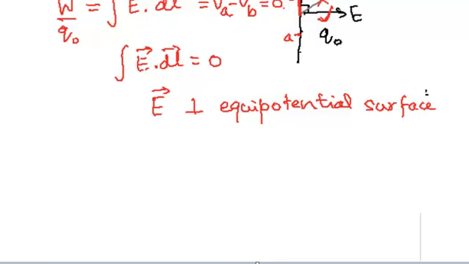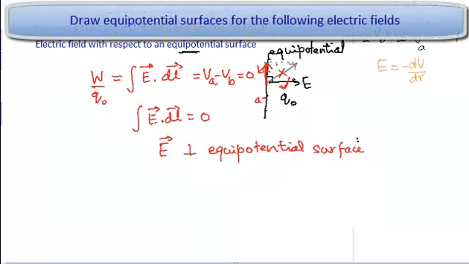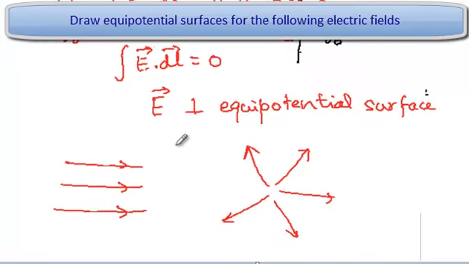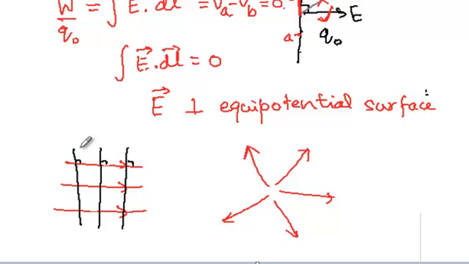To draw the equipotential surfaces, say you're given an electric field over here, and this is another electric field, you're given two configurations and you're asked to draw the equipotential surfaces. Now, since we know that the electric field and the equipotential surface are perpendicular to each other, if we simply draw planes which are perpendicular to the field lines, at 90 degrees, then these will be the required equipotential surfaces.